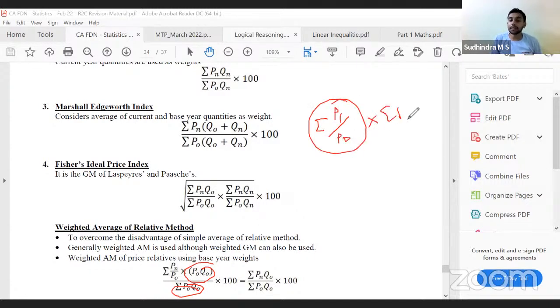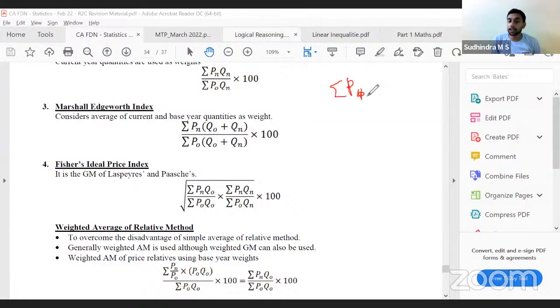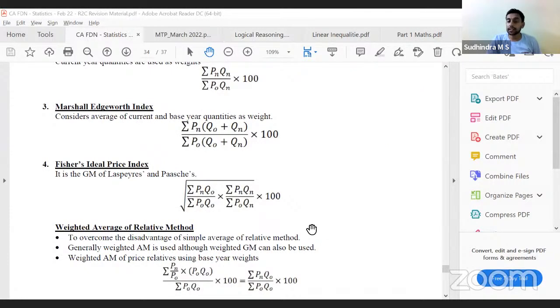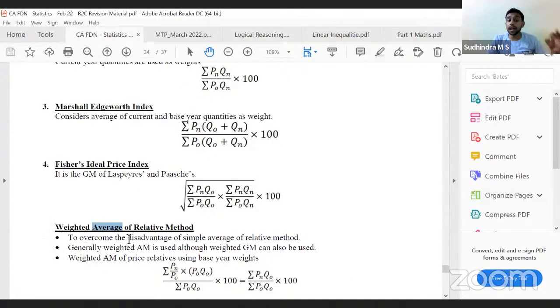We're multiplying by P0 Q0 divided by summation P0 Q0 as weights. Therefore, further simplifying this, we get summation P1 Q0 divided by summation P0 Q0 into 100. Therefore, this is the same as Laspeyres index numbers. So weighted average of relatives is the same as Laspeyres index numbers.